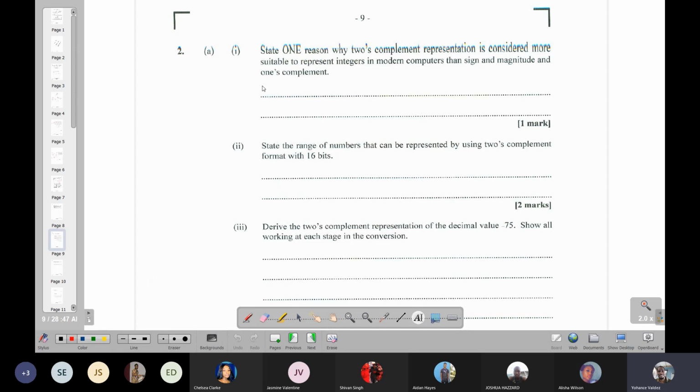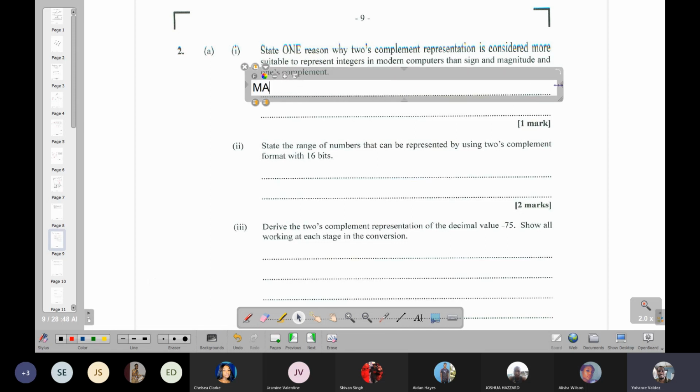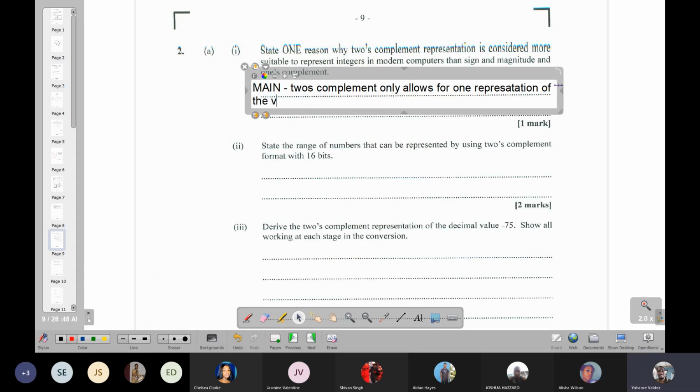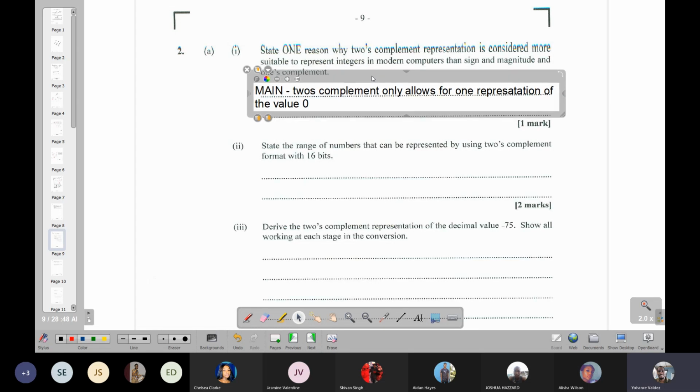The main reason is that 2's complement only allows for one representation of the value 0.